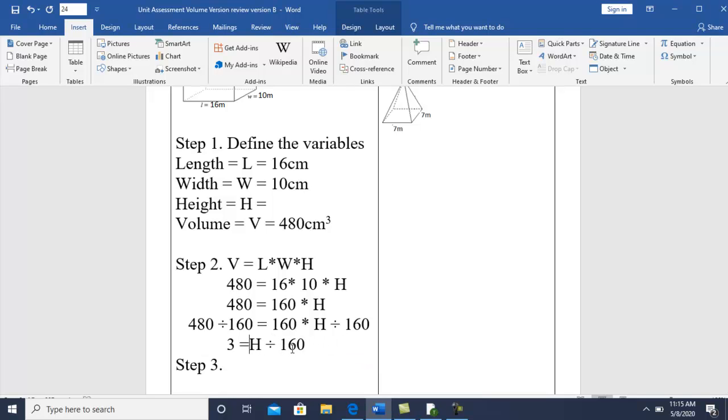So you're just going to be left with H equals 3 centimeters, okay, which is our final answer. That's our answer. There aren't any more steps there.